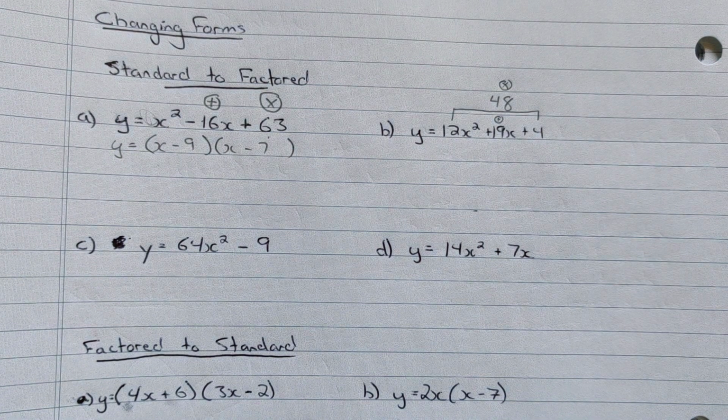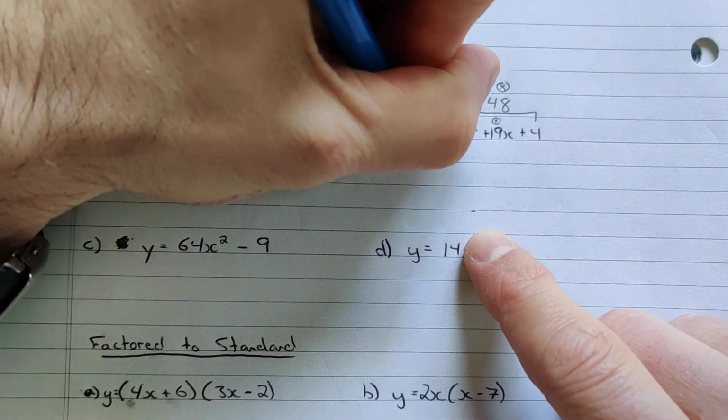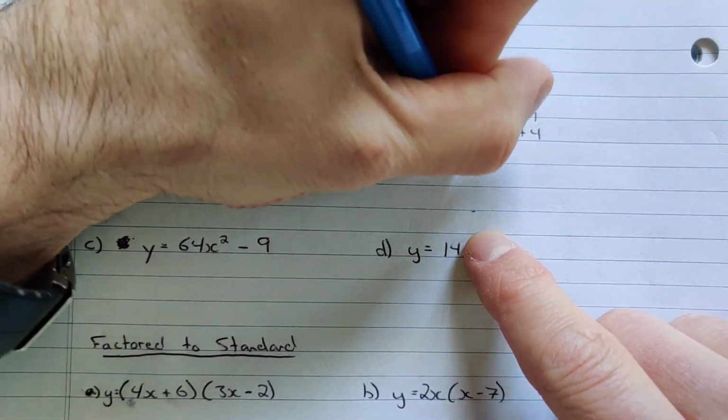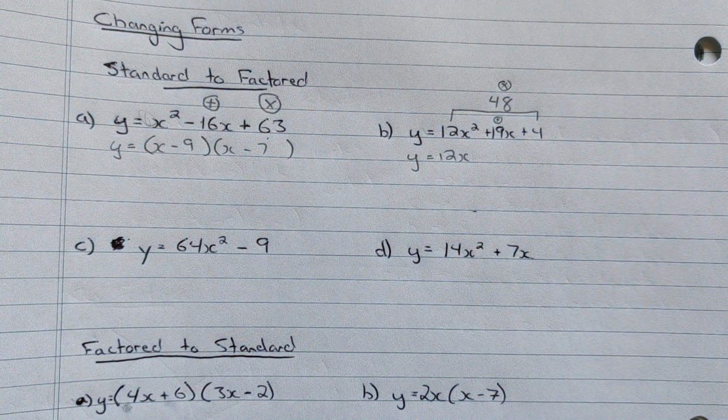Both are positive numbers, so our solution here must be both positive. Two numbers that multiply to 48 and add to 19 happen to be 16 and 3. 16 plus 3 is 19, and 16 times 3 is 48.